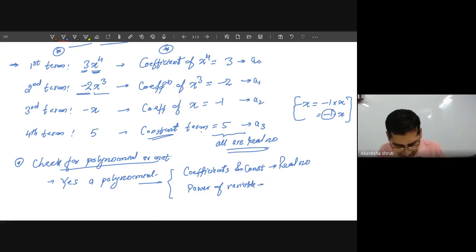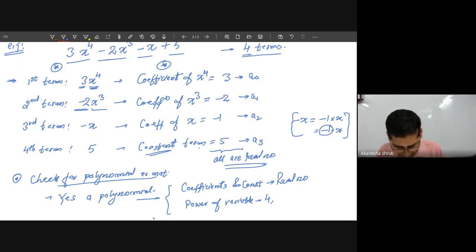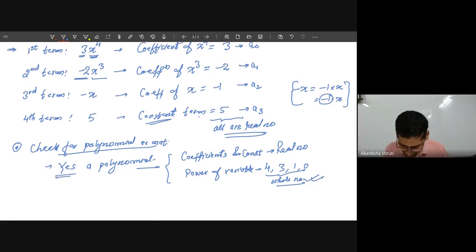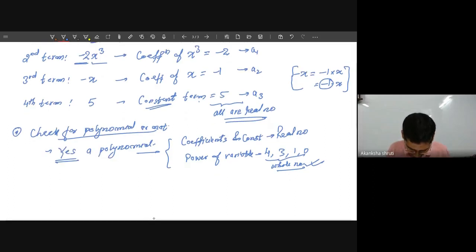What are these powers? In the first term it was 4, next term it was 3, next term it was 1, next term 5 has no x, means the power was 0. So all of these are whole numbers. 0 is a whole number. So you have to take care, it should be a whole number, and the requirement is no negative. 0 is a whole number. So therefore it was a polynomial. Okay, student, when it is a polynomial, then what is the degree of this polynomial?